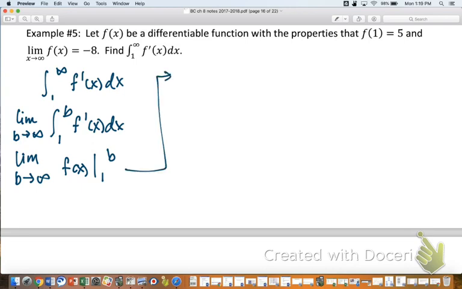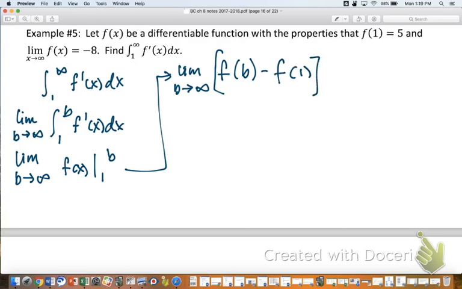And then it would be the limit as b heads towards infinity of f of b minus f of 1. So I think from here we've got what we need, right? Because f of 1 is 5, and the limit as b heads towards infinity of f of b would be what? Negative 8, right? Right up here.